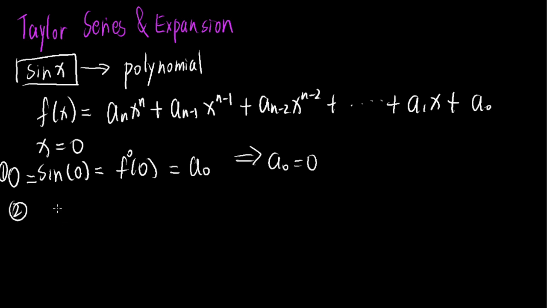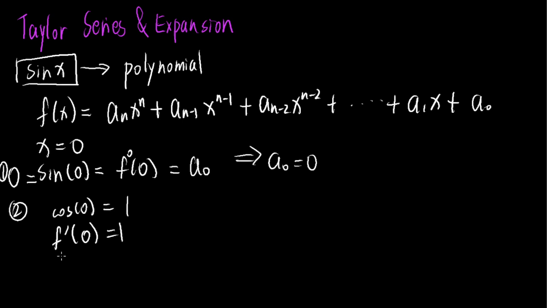We can now consider the first derivative. The first derivative of sine x is cosine x, and cosine 0 is equal to 1. In this scenario, the polynomial's derivative f'(x) at the point 0 should also be equal to 1.